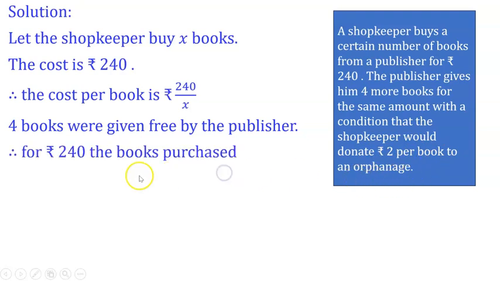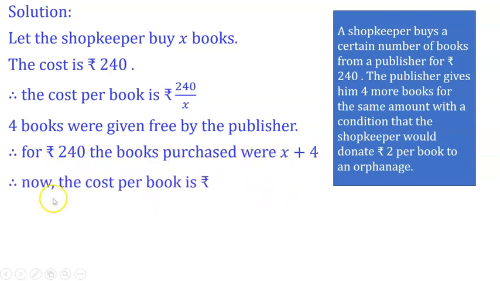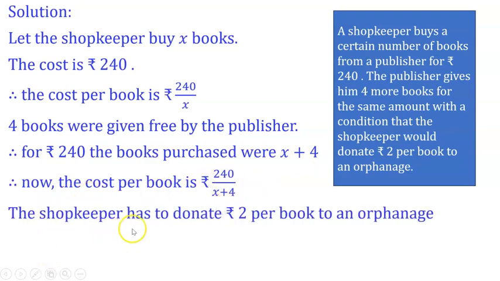Okay. Therefore, for rupees 240, the books purchased were X plus 4. Now the cost per book is rupees 240 upon X plus 4. The shopkeeper has to donate rupees 2 per book to an orphanage. Therefore, 240 upon X minus 240 upon X plus 4 is equal to 2.